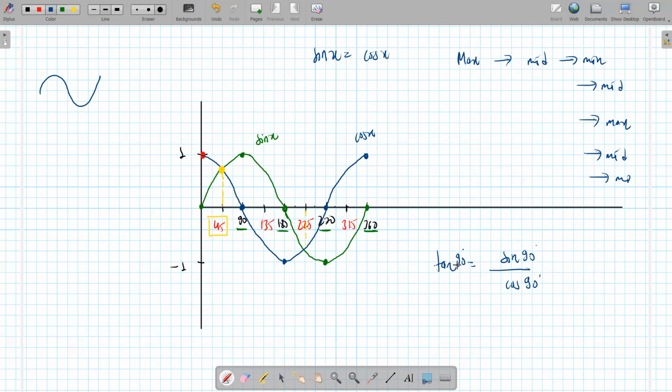Look at this diagram. What's the value of sine 90? It's the green curve. When x is 90, what's the y value? So we're looking at this point. It's 1. What's cosine of 90? 0. What's 1 over 0?